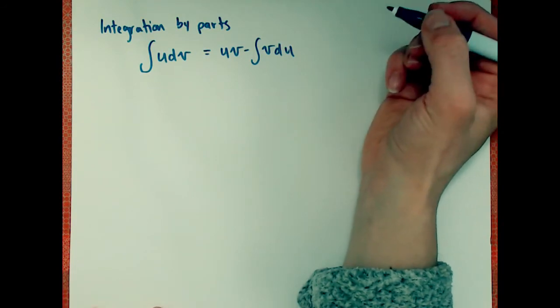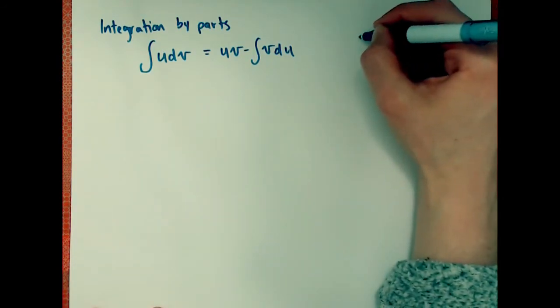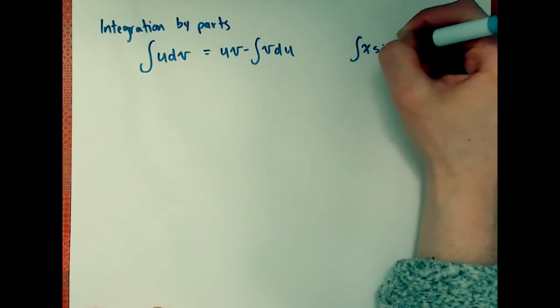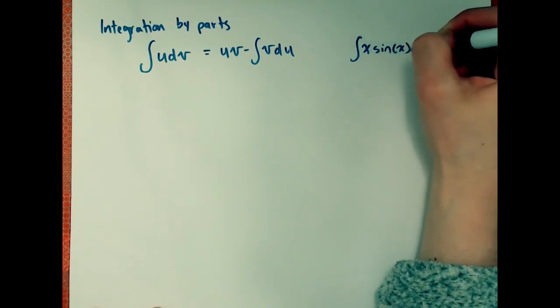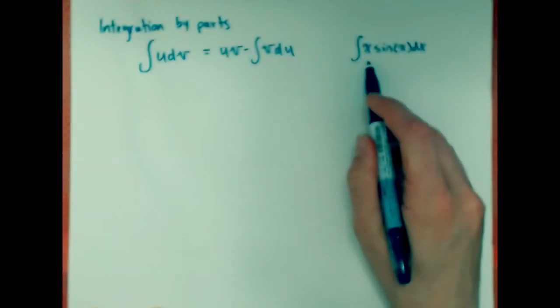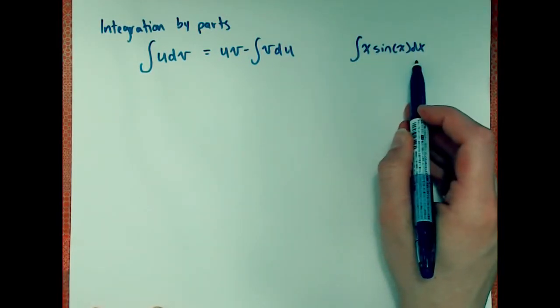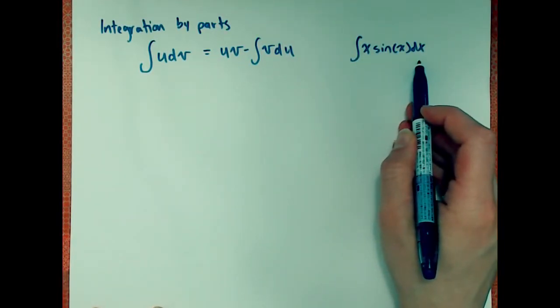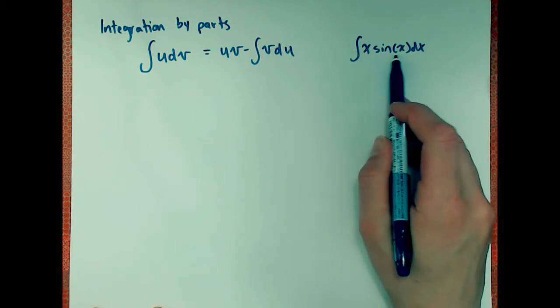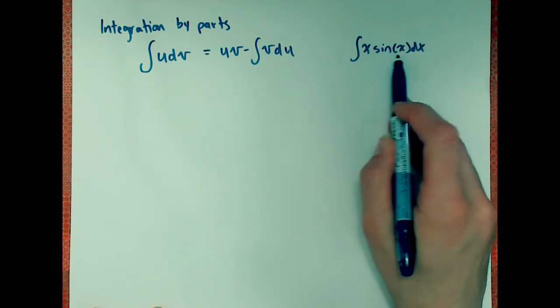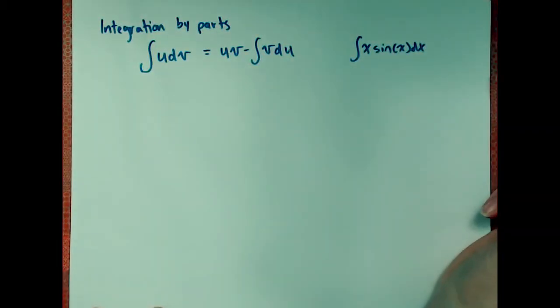So the example that we're going to use for this one is the integral of x sine of x dx. In this case, we can't use any of our basic integrals because it's too complicated. And we also can't use substitution because there's nothing here that looks like the derivative of something else. So we need another technique.